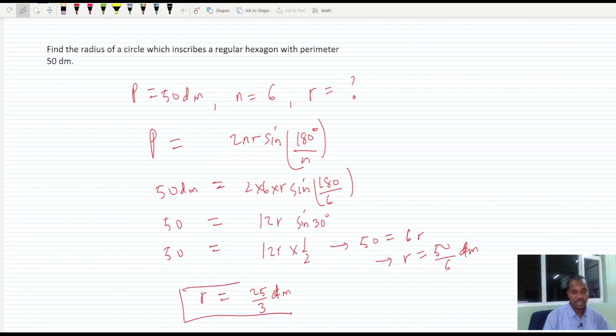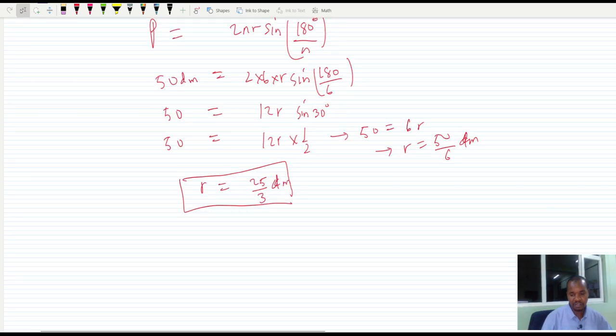So that is the solution for the second example we have there, dear colleagues. We can continue solving as many different types of questions as possible, questions which give you an idea of how we can always deal with cases of the perimeter of a regular polygon, dear students.